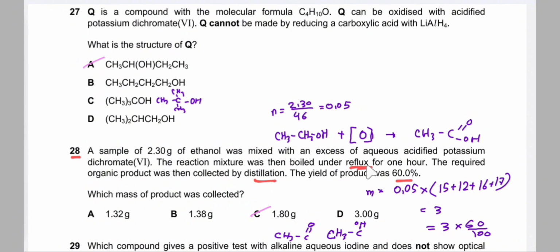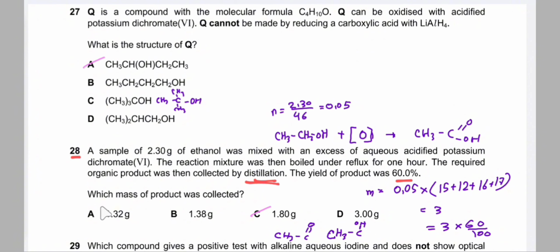Now, as the mixture is heated under reflux, obviously the product that is formed is carboxylic acid. But instead of reflux, if the product is only collected by heat under distillation, then an aldehyde is formed. But for now, as it is heat under reflux, carboxylic acid is formed.